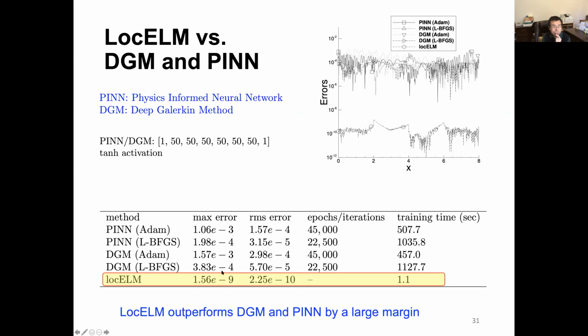This table shows the maximum error, RMS error, as well as the training time. The PINN and DGM are around the level of 10 to the negative 3 or negative 4, with the time around 700 or 1000 seconds. And with the local ELM, we can achieve 10 to the negative 9. The training time is around 1 second.